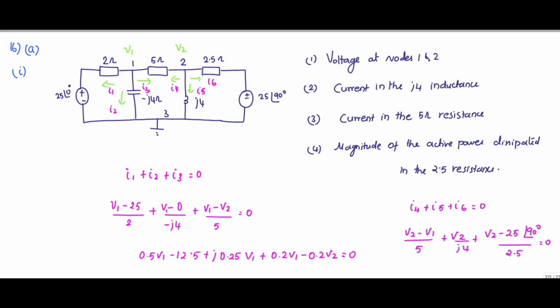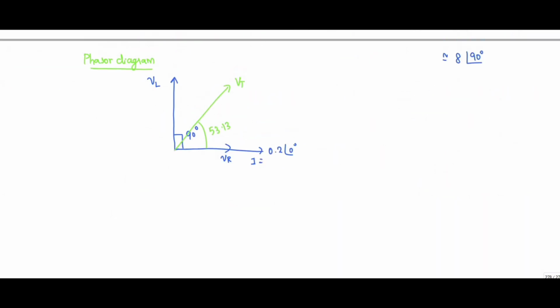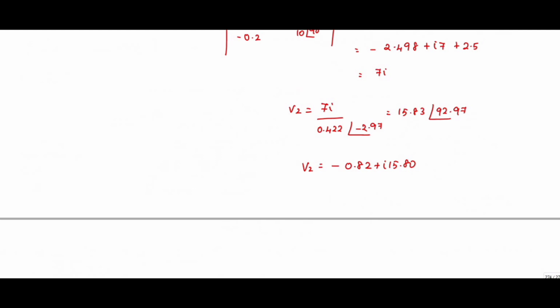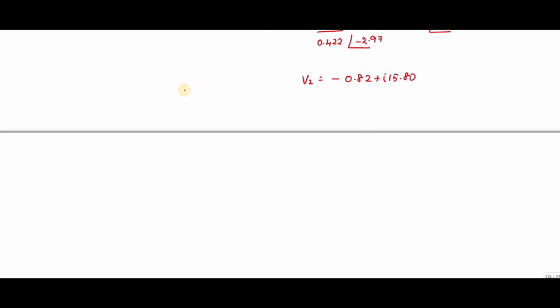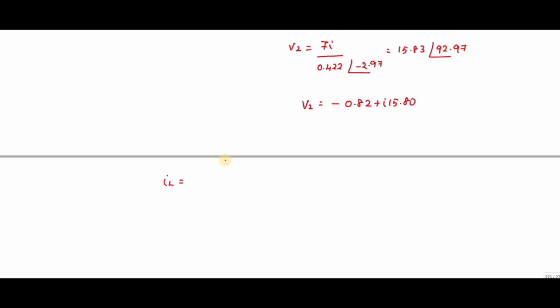Okay, V2 is 15.83 at 92.97 divided by J4. I can write it as 4 of 90. If you solve, you get the answer as 3.95 at 2.97. This is approximately 4 of 3 degree.